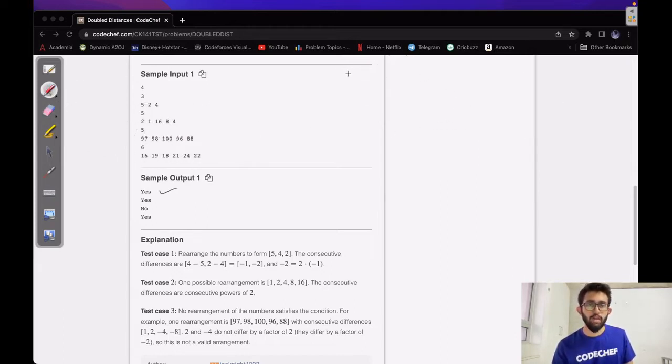Consider the second sample test case. We have n is 5. Let array B be 1, 2, 4, 8, 16.